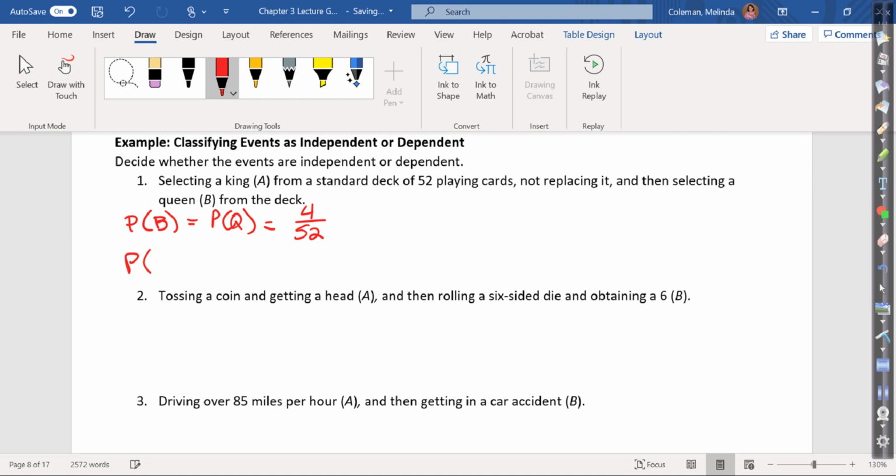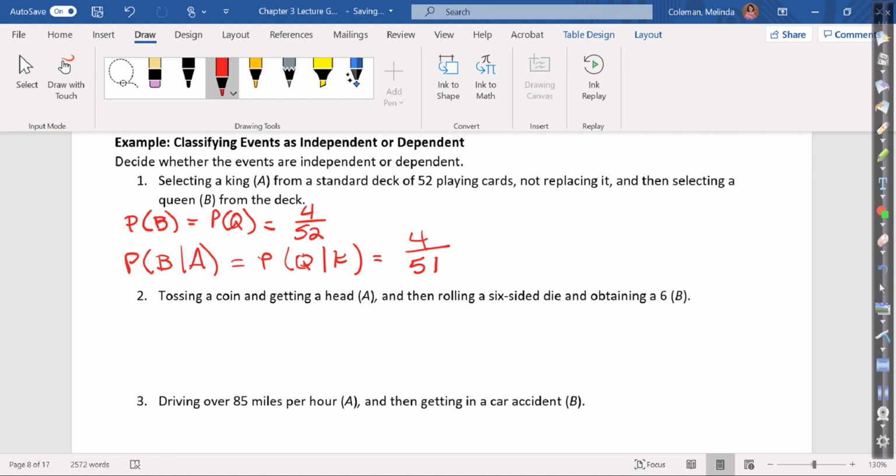The probability of picking a queen, given that a king has already occurred, we determined that was 4 out of 51. Because now we took that king out of the deck.